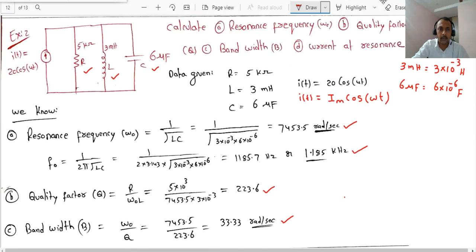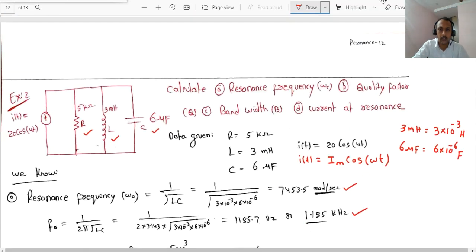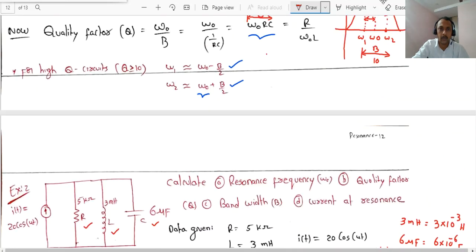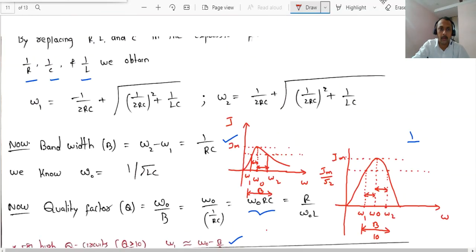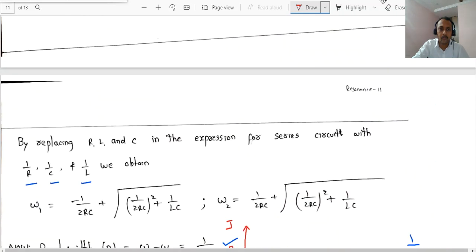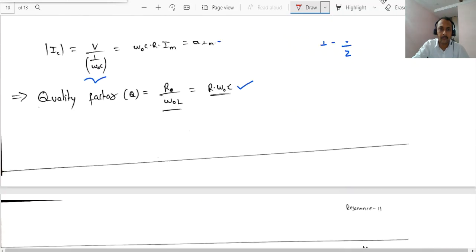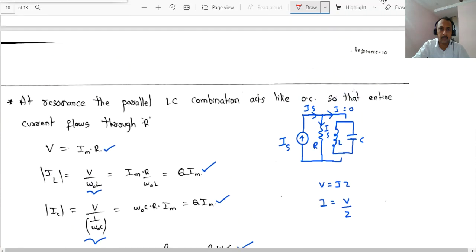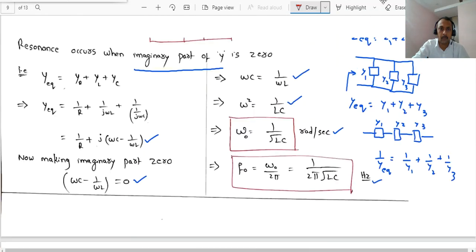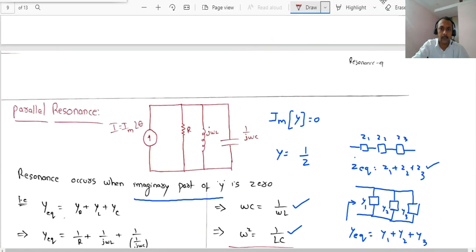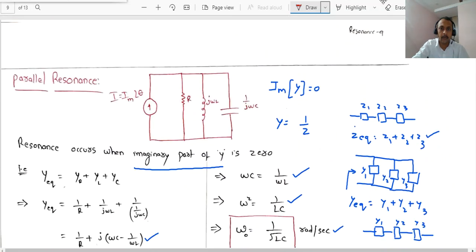Okay, so this is all about the parallel resonance, right? These are all the important basics. Just simply make the imaginary part of the given circuit admittance, they are parallel, equal to 0. Then you will get the answer, right?